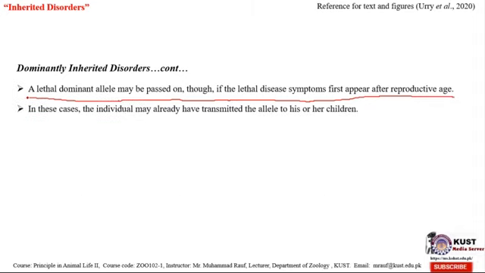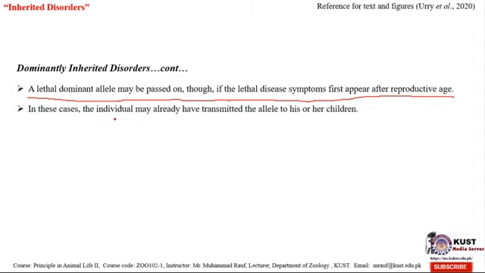A lethal dominant allele may be passed on, though, if the lethal disease symptoms first appear after reproductive age. It is the only way a lethal dominant allele can be passed on to the next generation by the affected person.